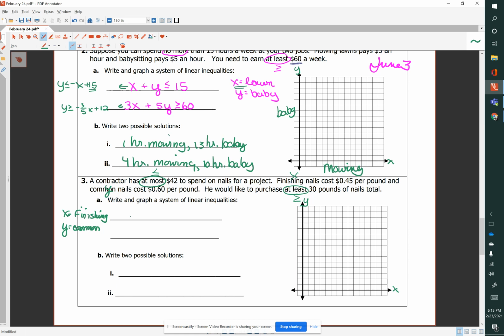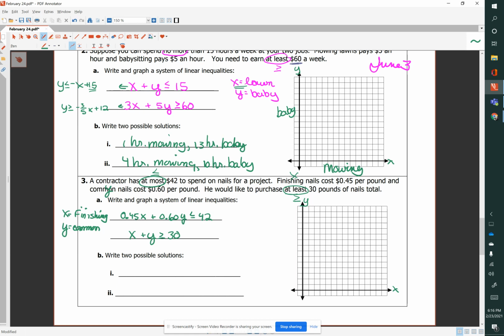So if the finishing nails are 45 cents, that's 0.45x plus 60 cents for the common nails, 0.60y, must be less than or equal to 42. And he wants to have at least 30 pounds of nails. So that's the finishing nails plus the common nails must be greater than or equal to 30.